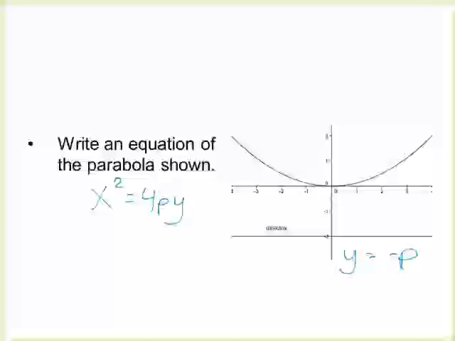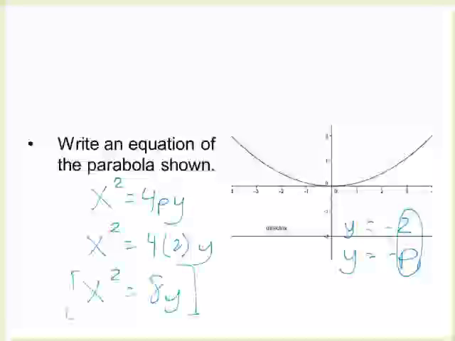So this line is at y equals -2. So that means that p is 2. So we can pop that in the equation, multiply it by 4. We get x squared is 8y.